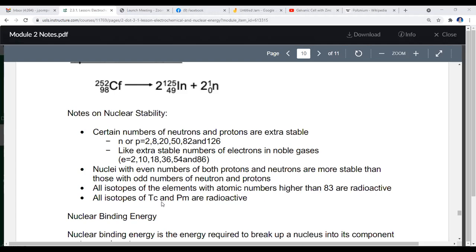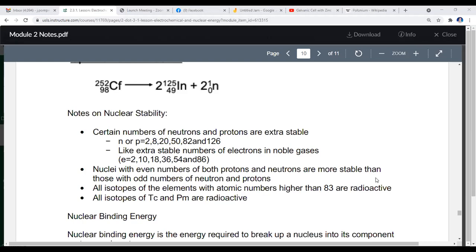Now, all isotopes of the elements with atomic numbers higher than 83 are radioactive. If you have several isotopes, since they have the same atomic number, they only differ in their atomic weights.